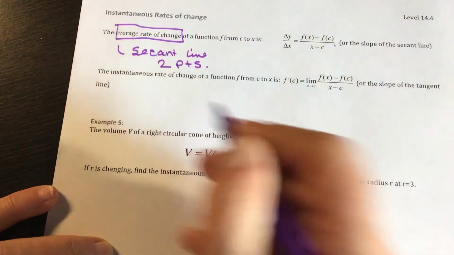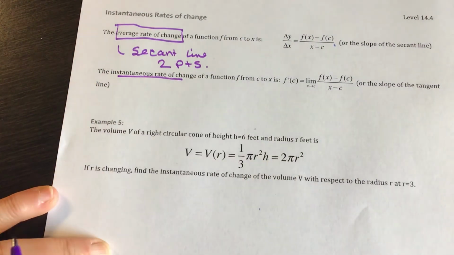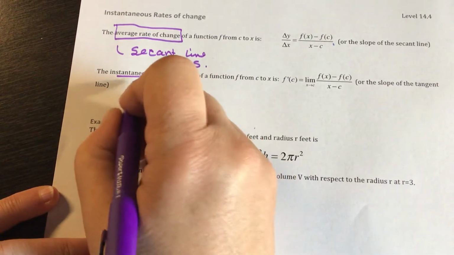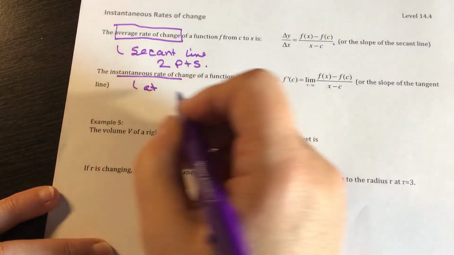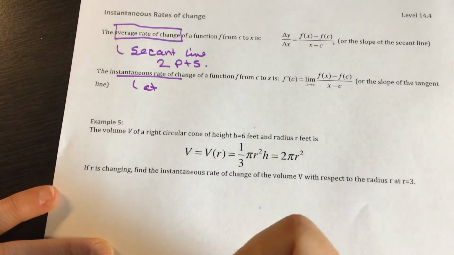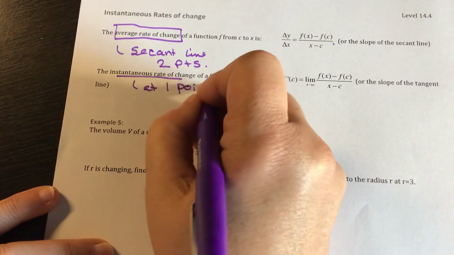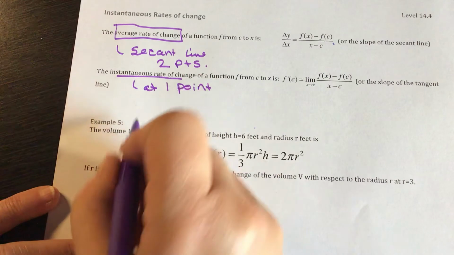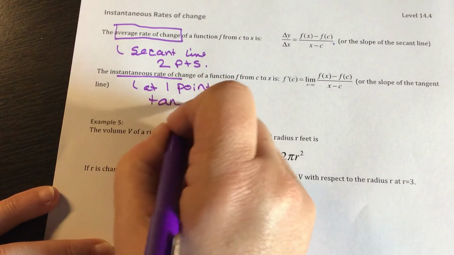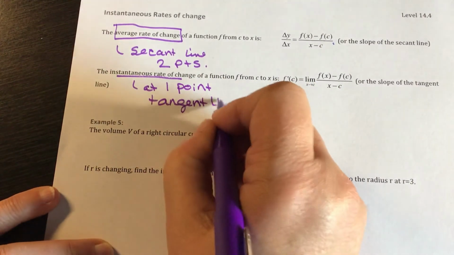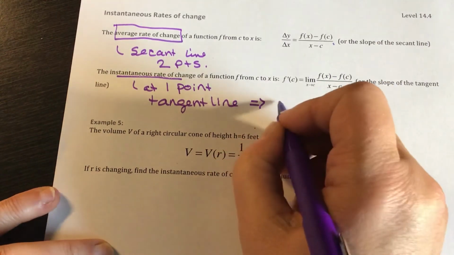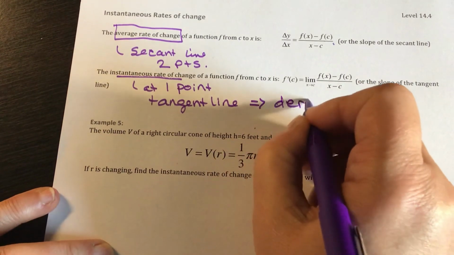If I'm looking for the instantaneous rate of change, this is at one point. Instantaneous means now, or at just one point. And that is a tangent line, which is the same thing as a derivative.